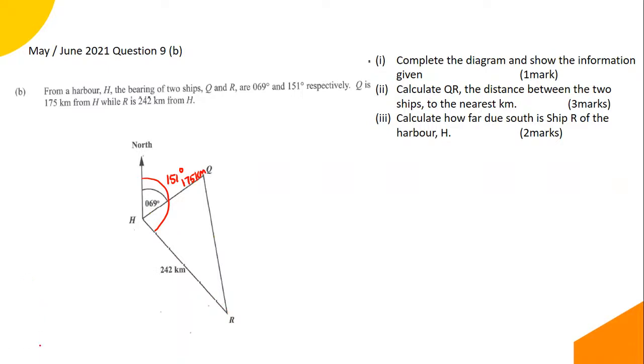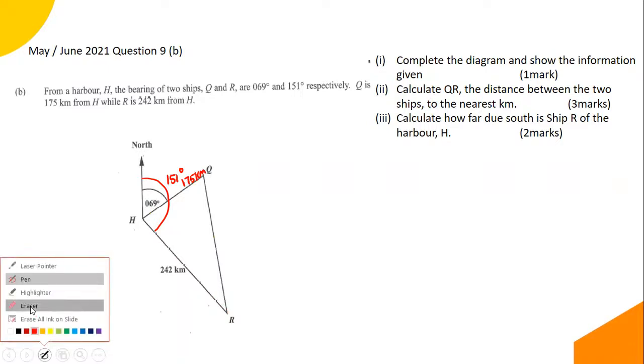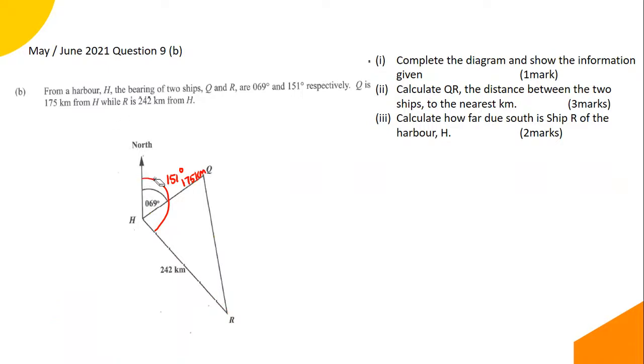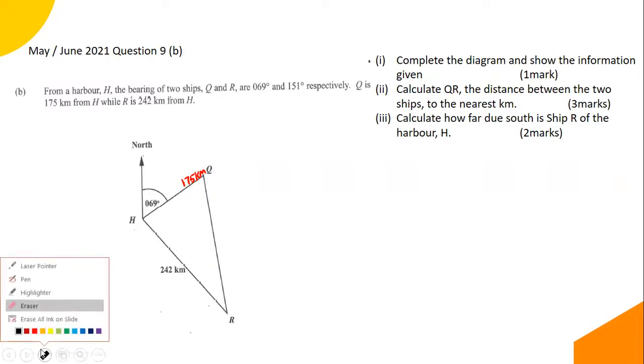Now I am going to put in a little extra information. This entire angle is 151 and this angle here is 69. So to get this missing angle, if the whole thing is 151 and we know that here is 69 degrees, we could simply say 151 take away 69 degrees. I'm going to put that in so that when we are working out our question, our life will be easier.